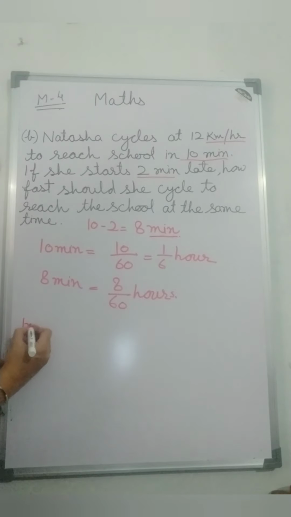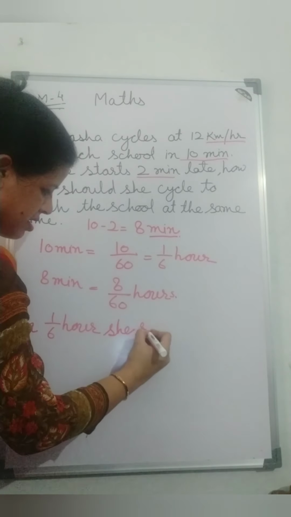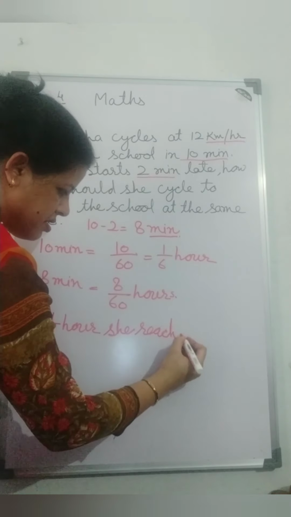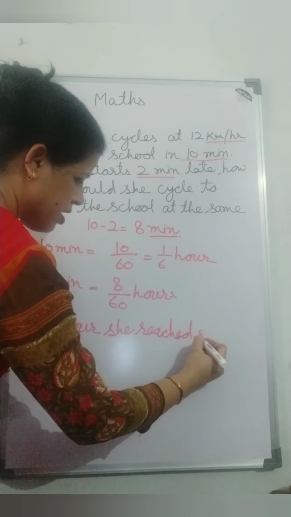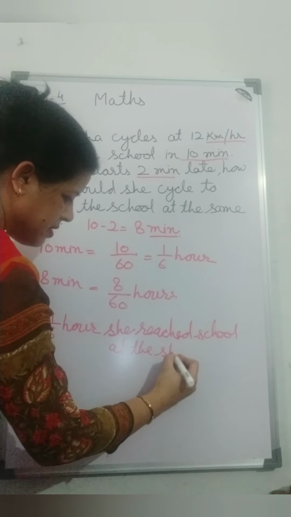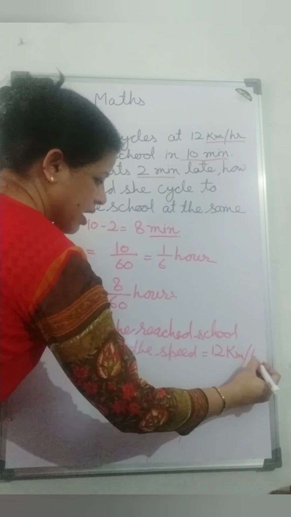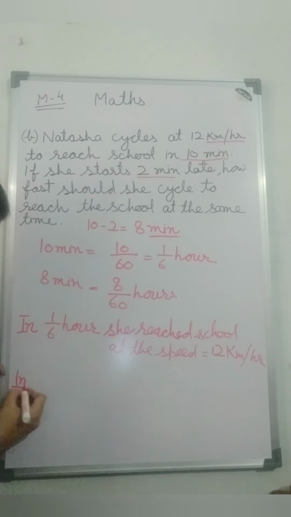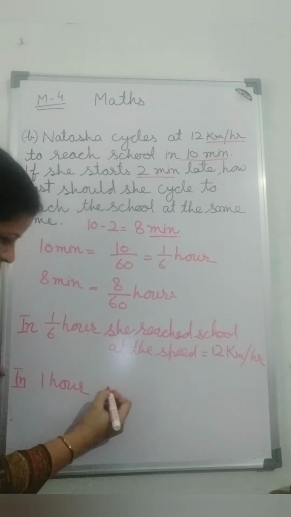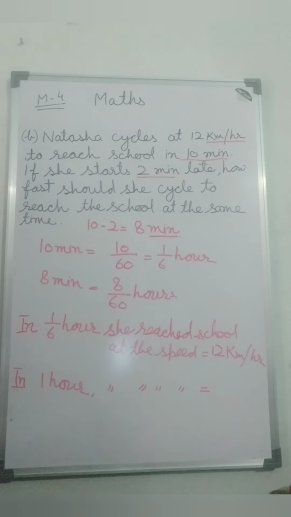In 1 upon 6 hours, she reached school at the speed of 12 kilometer per hour, and in 1 hour she reached school at the speed equal to, tell me, do we divide or multiply?